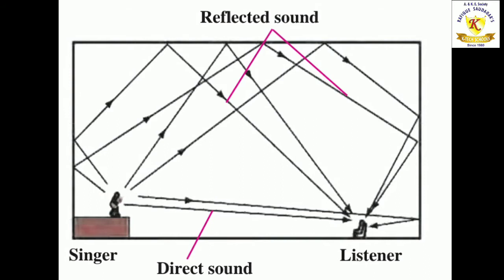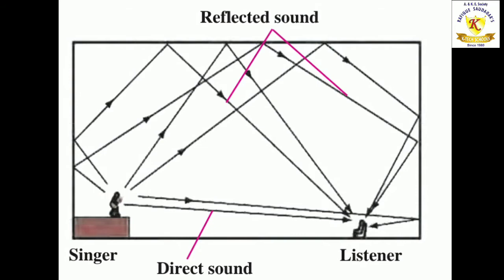The time between successive reflections of a particular sound wave reaching us becomes smaller and the reflected sound gets mixed up and produces a continuous sound of increased loudness which cannot be deciphered clearly.